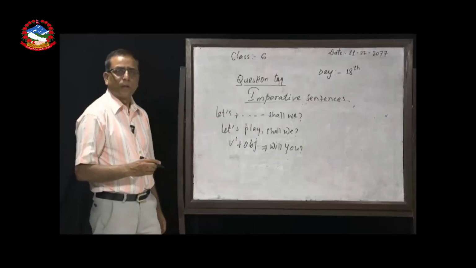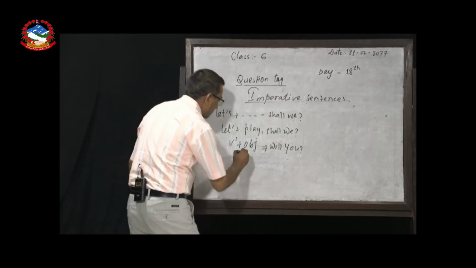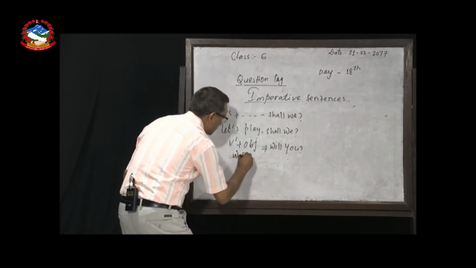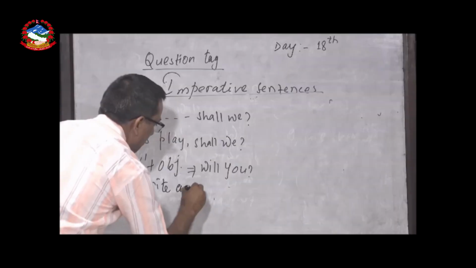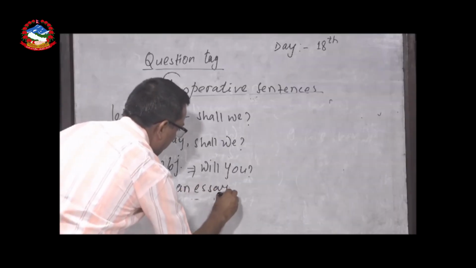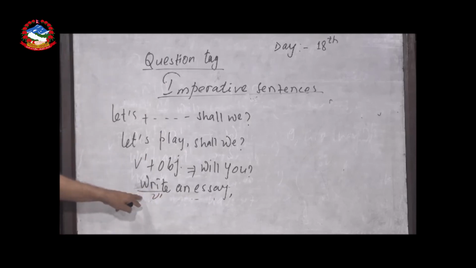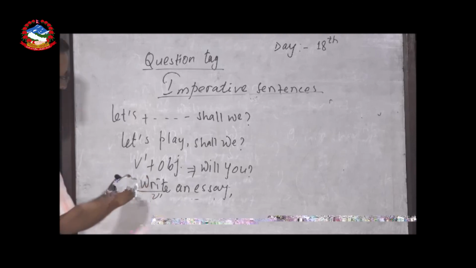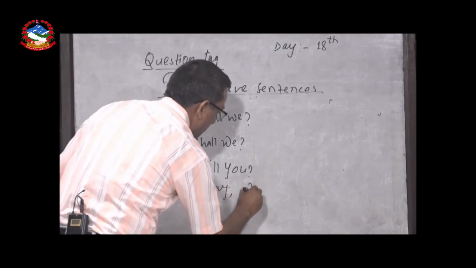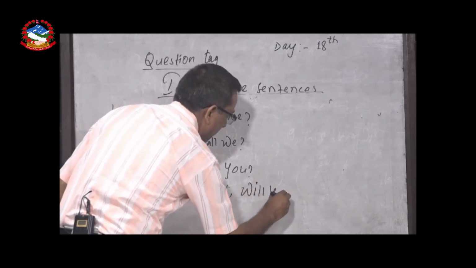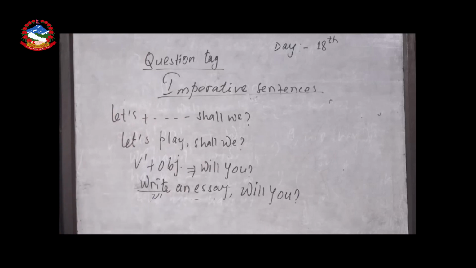For example, write an essay. It starts from verb 1. Let's see here, write an essay, it is the object here. The sentence starts from verb 1. Such types of sentence are called imperative sentences. Then what is the tag here? Will you? Will you? Question mark.